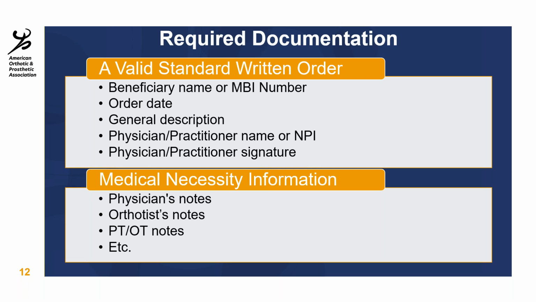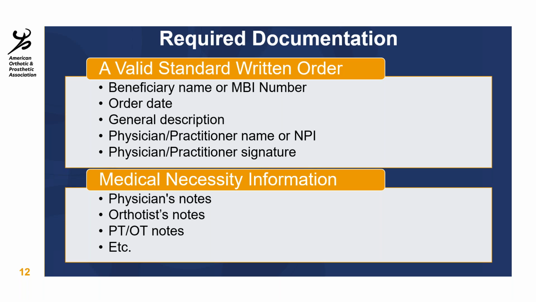It could be a brand name or model name, or it can be a narrative description. Then you also need to have the physician's or practitioner's name or their NPI number and their signature as well.